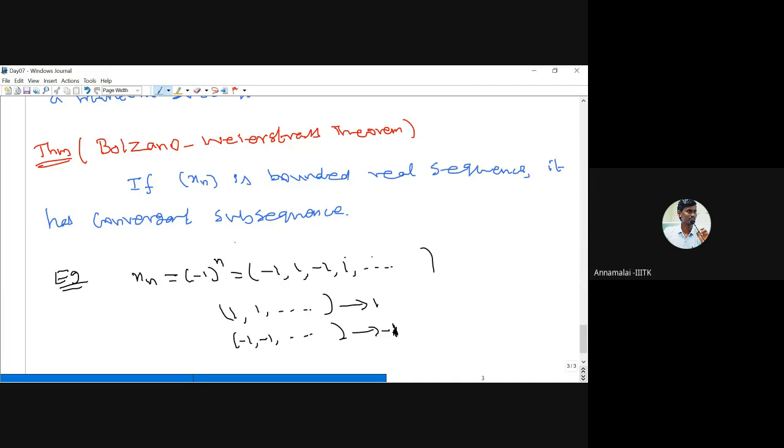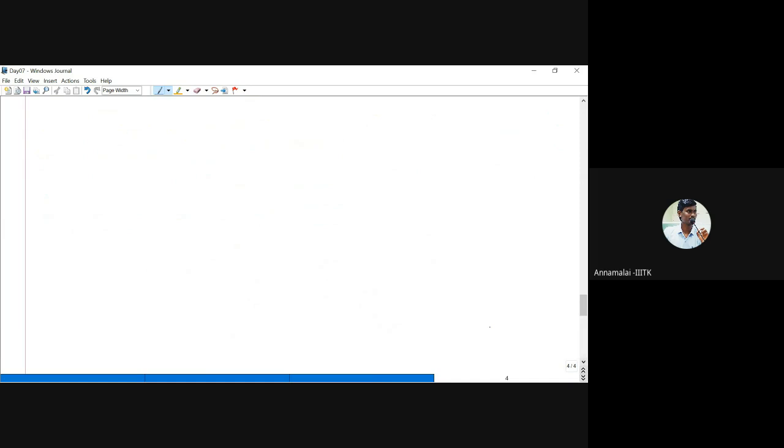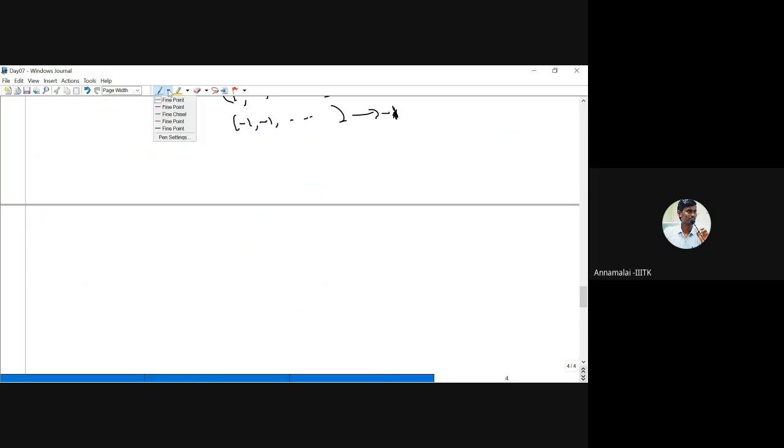Now, one more theorem. Suppose x_n is a Cauchy sequence. We don't know in general, as I already said, that a Cauchy sequence need not converge. Suppose a subsequence of a Cauchy sequence converges, then the original sequence converges. I already said that convergent sequences are Cauchy sequences, but a Cauchy sequence need not be convergent.